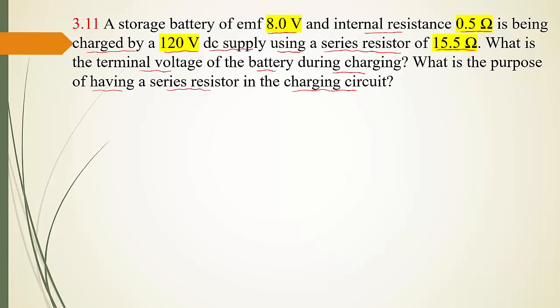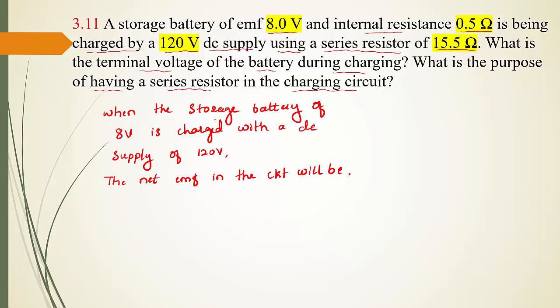When we are using a storage battery which is going to be charged with the help of a DC supply which is having EMF 120 volt, we can consider the net EMF in the circuit.